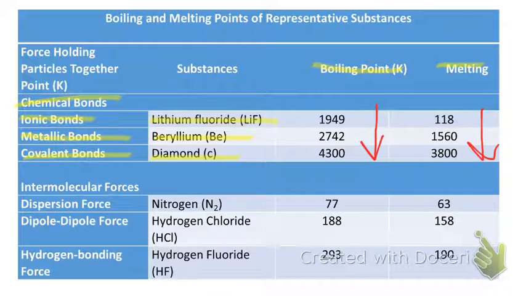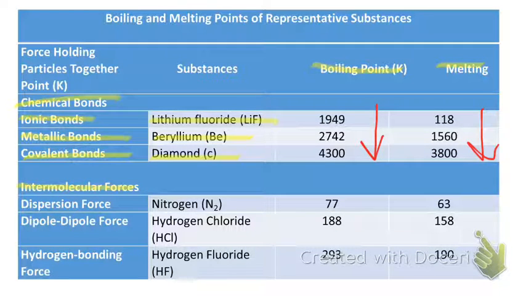All right? So now let's turn to the intermolecular forces. Now remember, intermolecular forces govern molecules. So up above these are not molecules that we're talking about. We're going to talk about molecules now. And we already know that for molecules, there are three different types of intermolecular forces: dispersion, dipole-dipole, and hydrogen bonding.